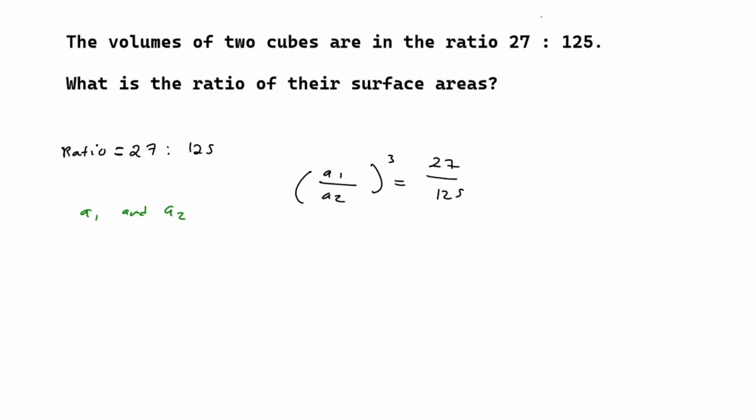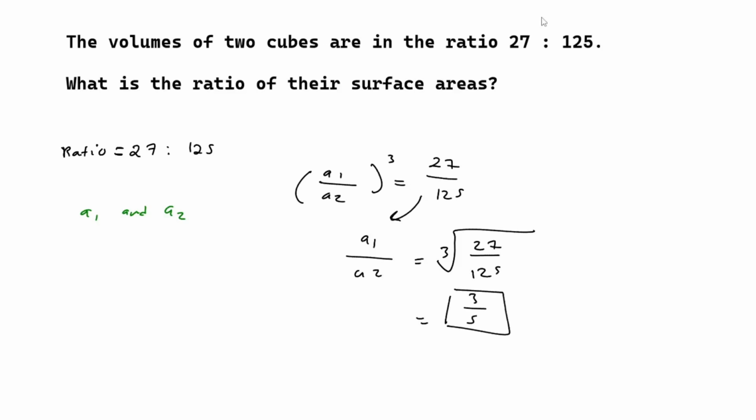A1 over A2 is then equal to the cube root of 27 over 125, and the cube root of this is going to equal 3 over 5. So now we've found our edge length ratio, which is 3 over 5.